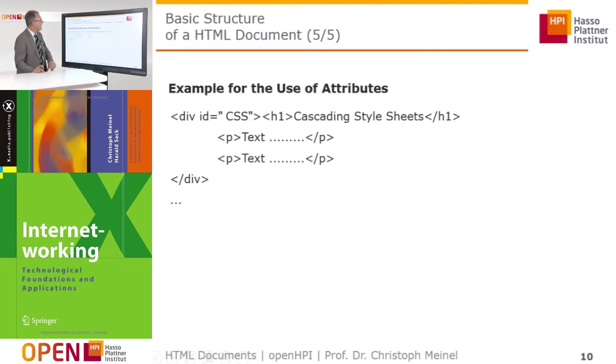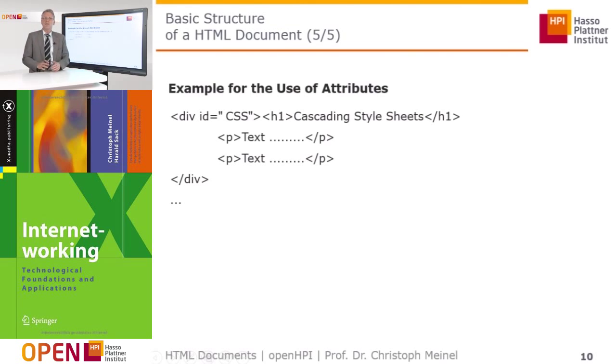To give an example for the use of an attribute. Here we have a chapter of a document. The chapter is characterized by the ID CSS. And then this chapter starts with a headline. The headline you see here, H1, the headline is Cascading Style Sheet.